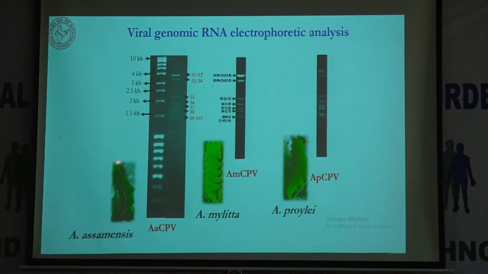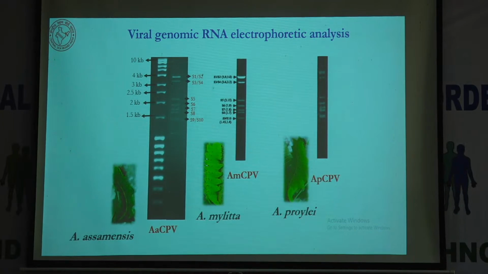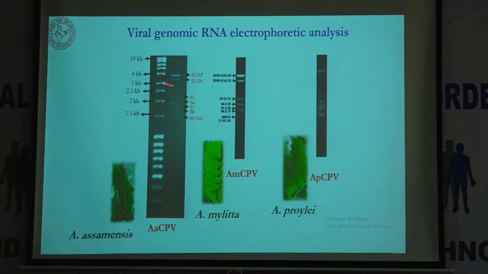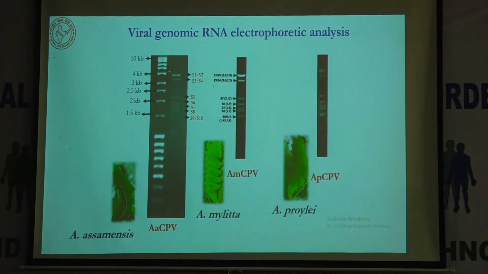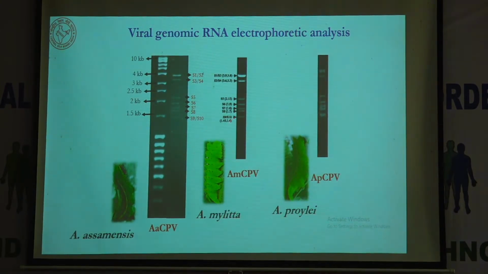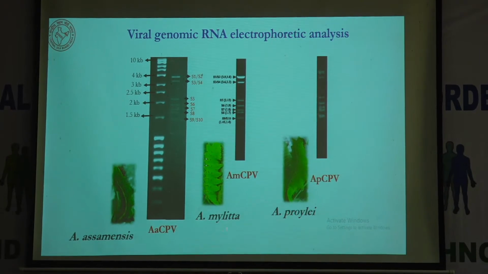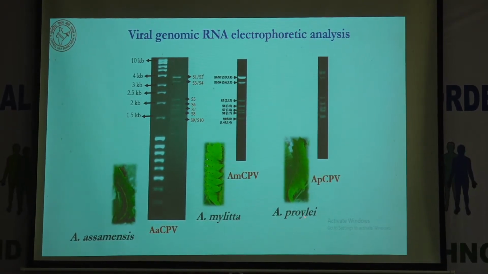So this is the Muga silkworm, which is infected by this double stranded RNA virus. As you could see, this is the banding pattern. This exact same banding pattern we can find in the literature of the cypovirus affecting Antheraea mylitta, that is tasar silkworm, and exactly again it is showing in Antheraea proylei, oak tasar silkworm. What does this mean?